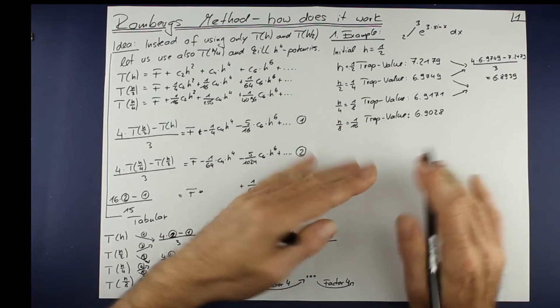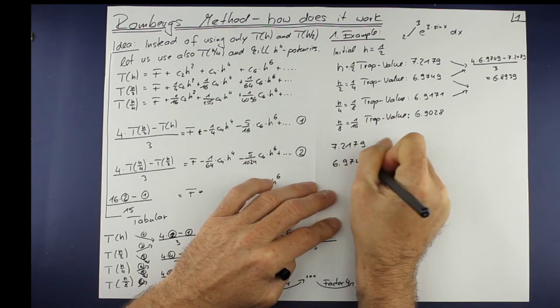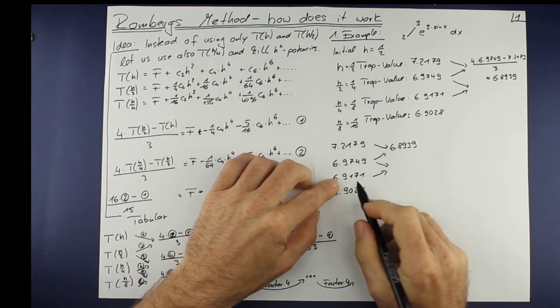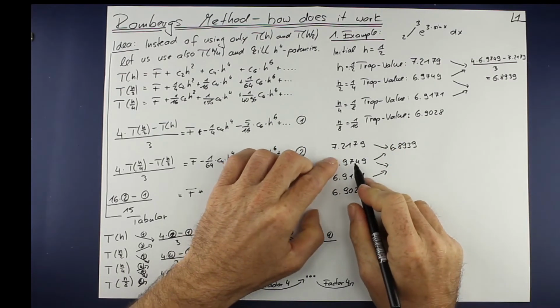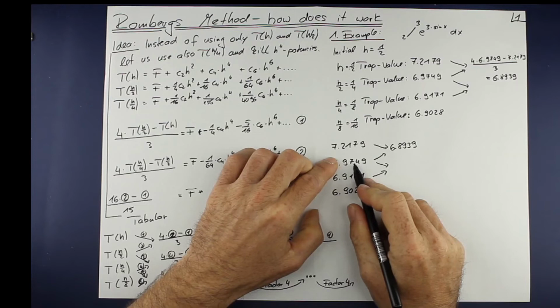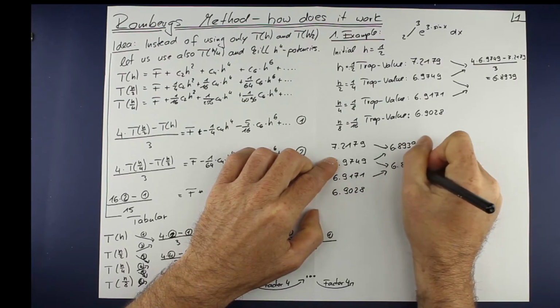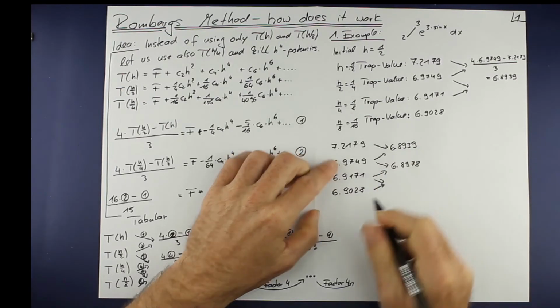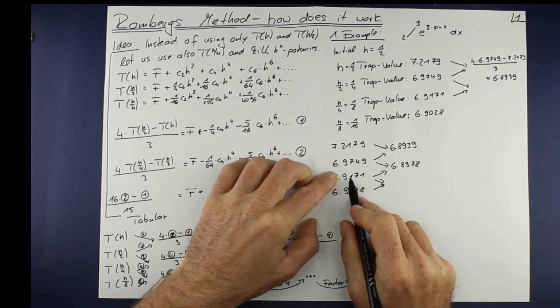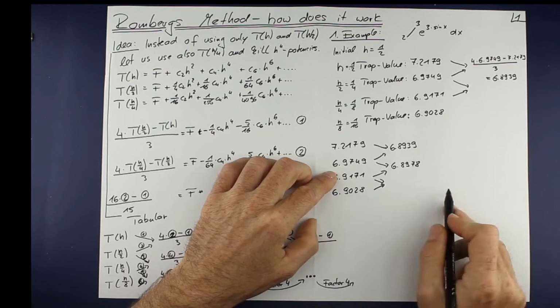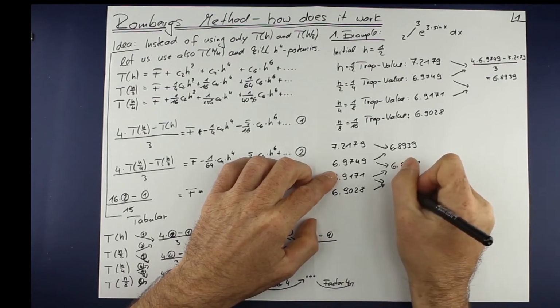Let's write it down a little more structured. And now here 4 times that value minus that value, and then this divided by 3, and we get 6.8978.